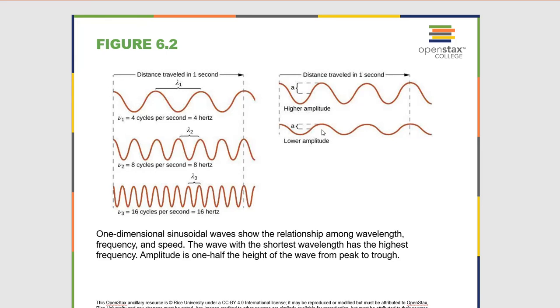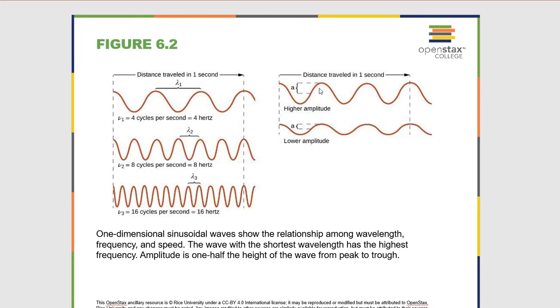The amplitude, the distance between the crest and the trough here, or the amplitude of the light, is going to determine the intensity. So this would be a dim red light, for example, and this would be a bright red light. And I should mention, I said that the amplitude is the distance between the crest and the trough, but it's actually the distance between the midpoint and the crest.